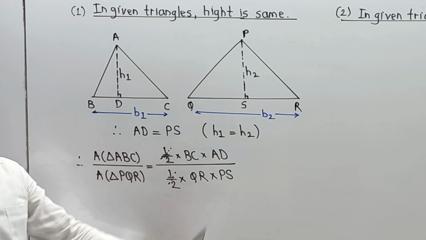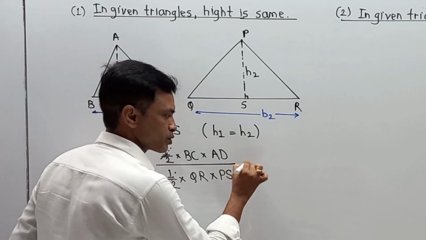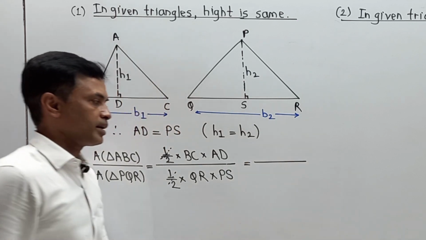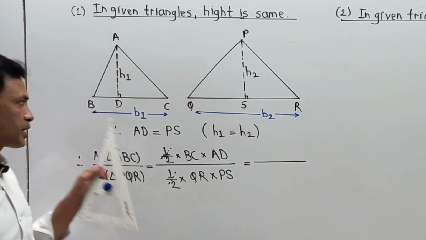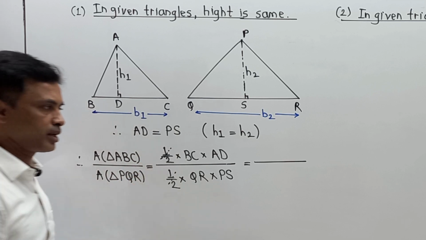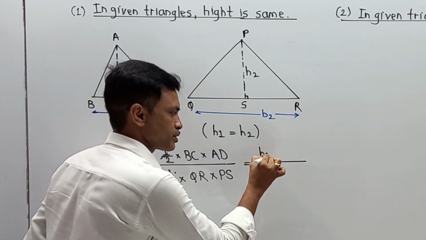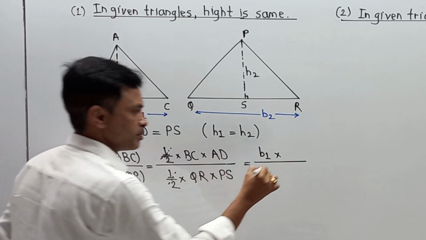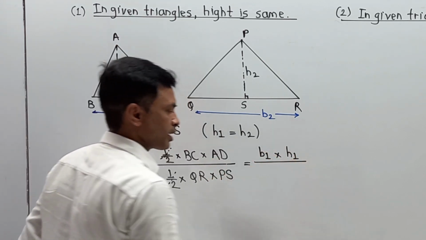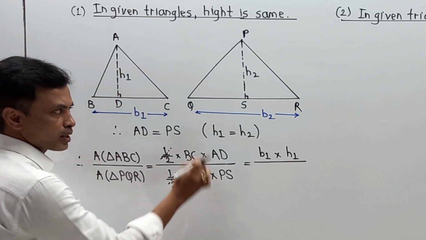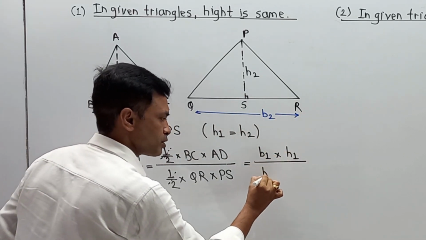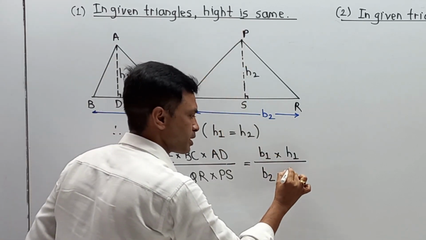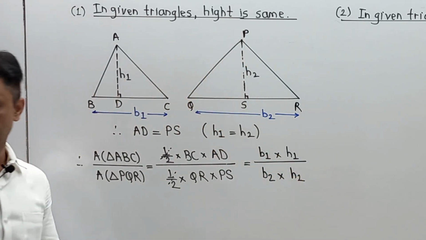Now this logical presentation I am going to convert into writing. So here we can simply say, what is meant by BC? Base of the first triangle. So base of the first triangle into height of the first triangle, that is AD, means H1, divided by base QR. QR is the base of the second triangle. So base of the second triangle into PS, means PS is the height of the second triangle.